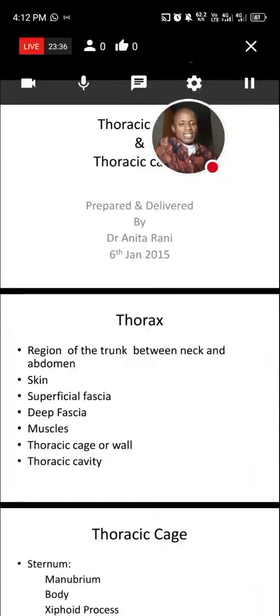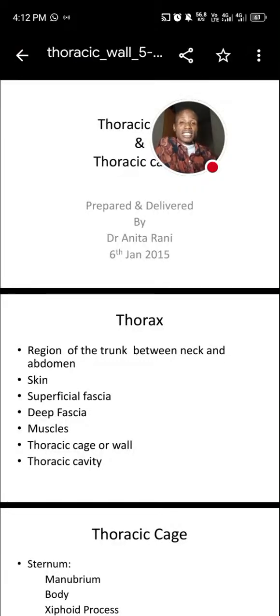The C stands for crura, the right and left crura, and the R stands for the ribs, and the L stands for the lateral arcuate ligament. The M stands for the median arcuate ligament and the medial arcuate ligament.